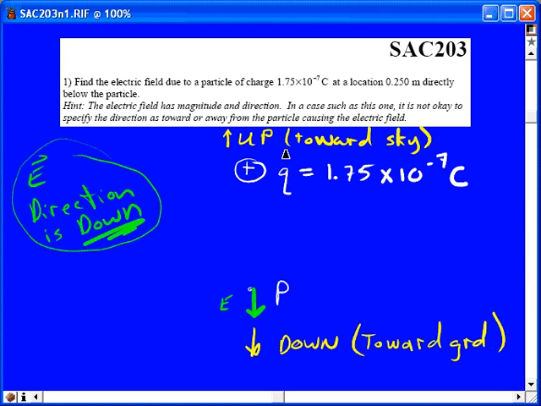Now, the charged particle creates an electric field here at point P in the downward direction, and at this point we just need to find the magnitude of it.